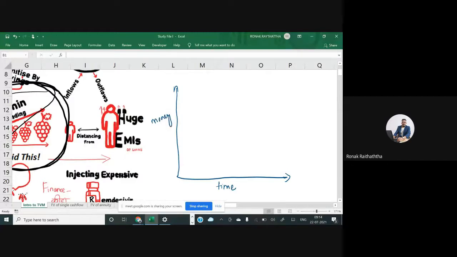So friends, just analyze this picture very thoroughly. What is this? Why have I drawn a curve like this?